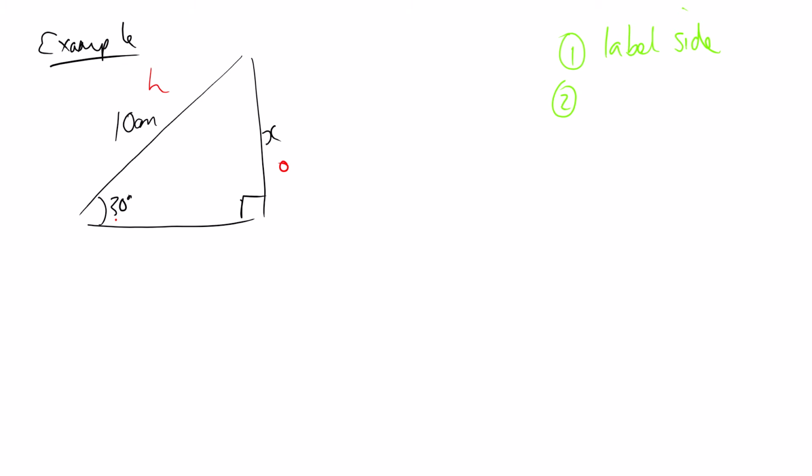Step 2, we need to write our equation. So this is using the sine ratio or the formula triangle, and in this case we're trying to find out what the opposite side is. So the opposite side is going to be h times sine theta. Step 3, we now need to substitute our values into that equation.